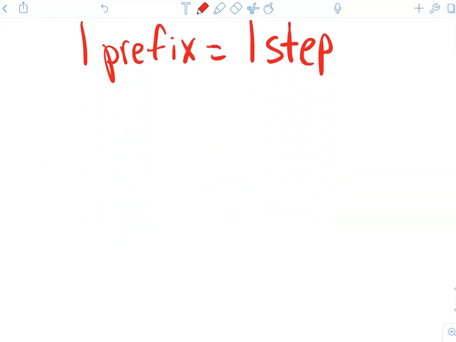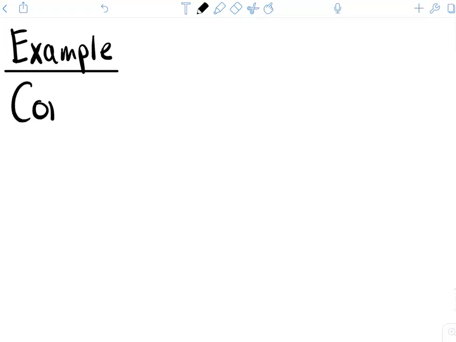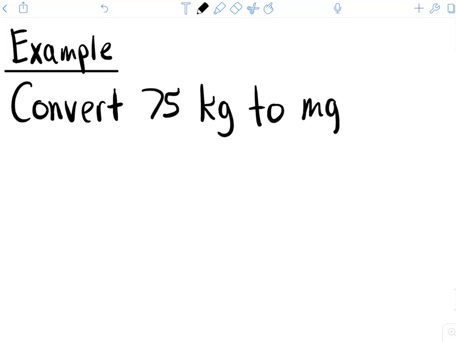But now, let's do an example. Let's say we're told that we need to convert 75 kilograms to milligrams.